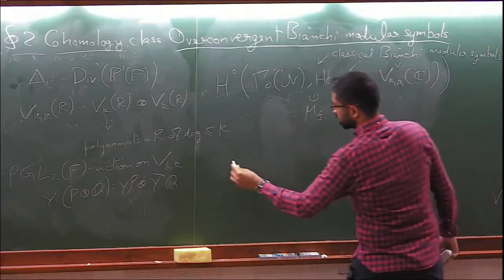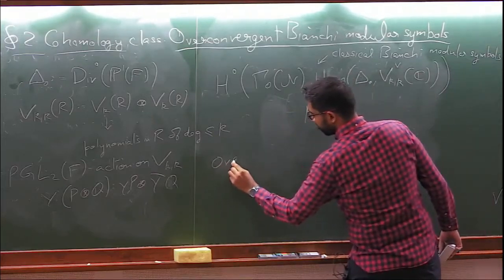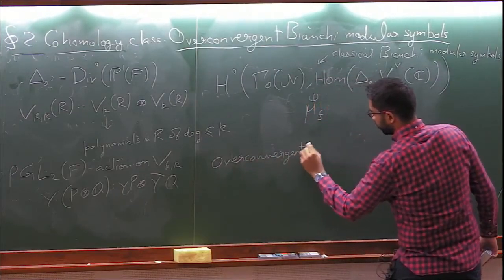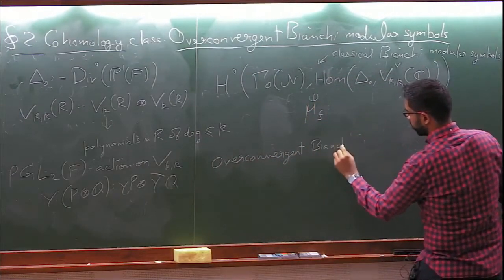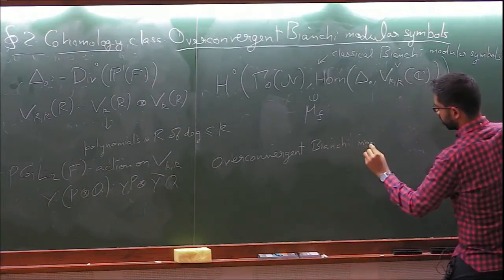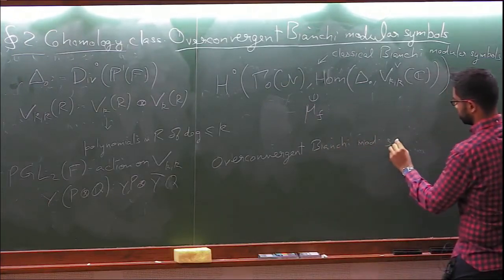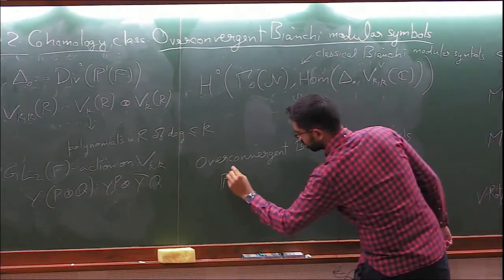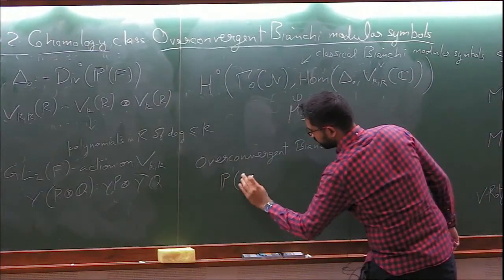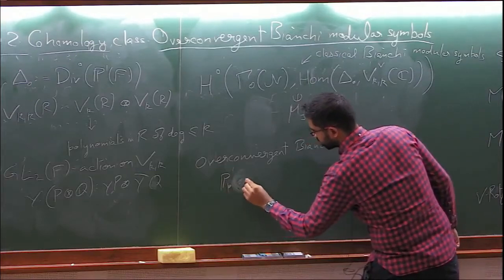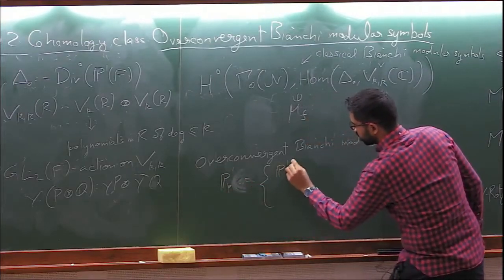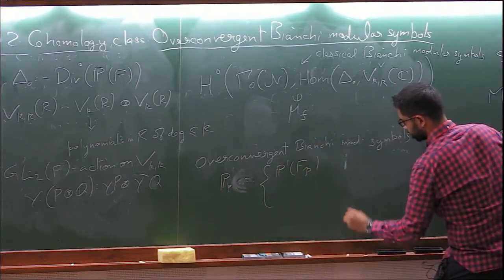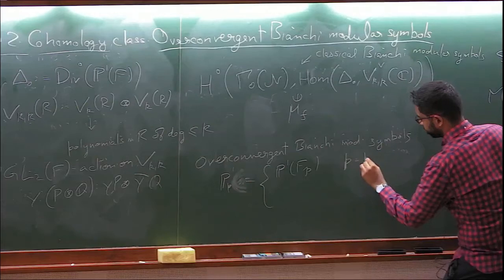So I can define over-convergent Bianchi modular symbols. Let me look at this space; I'll call this P^1(F_p). So this will be the projective line over F_p if p is inert, P equals p.